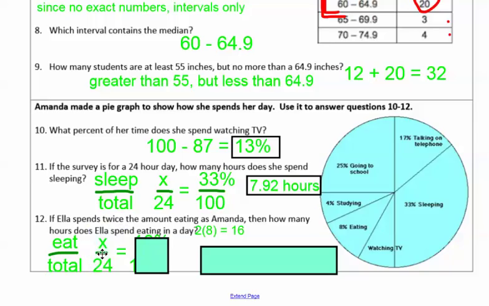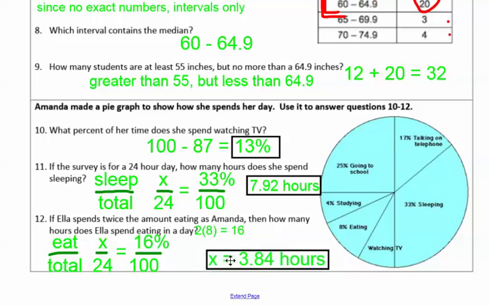We're looking for how many hours Ella eats in 24 hours in a day. That's hours. This is our percent side. She spends 16% out of 100%. Remember, percent goes over 100. Go ahead and solve. We should get 3.84 hours.